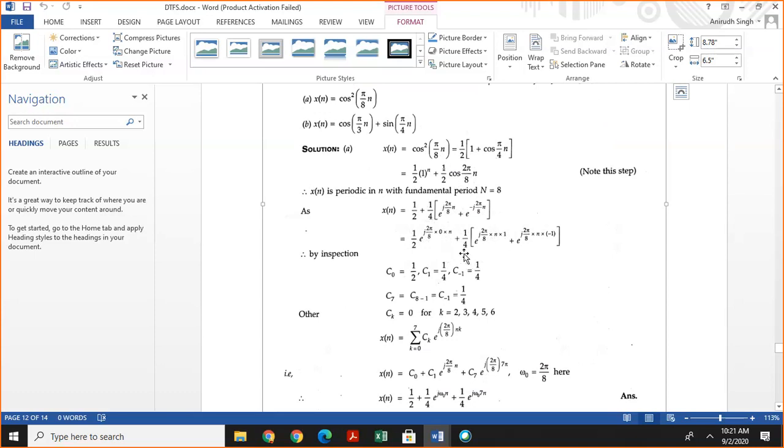It means that this is the value of coefficient C1, and the value of C1 is 1 by 4. And this is written like this: exponential j 2 pi by 8 multiplied by n multiplied by minus 1, which means that this 1 by 4 is the value of coefficient c minus 1.